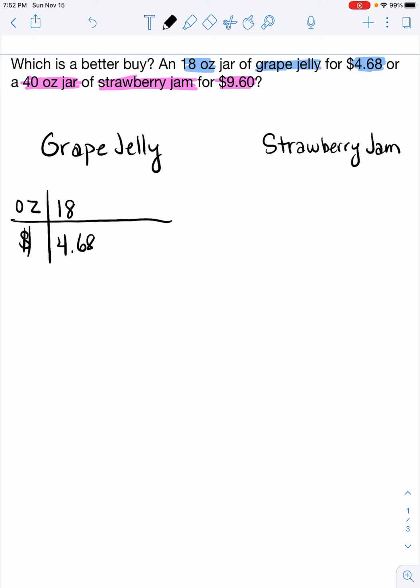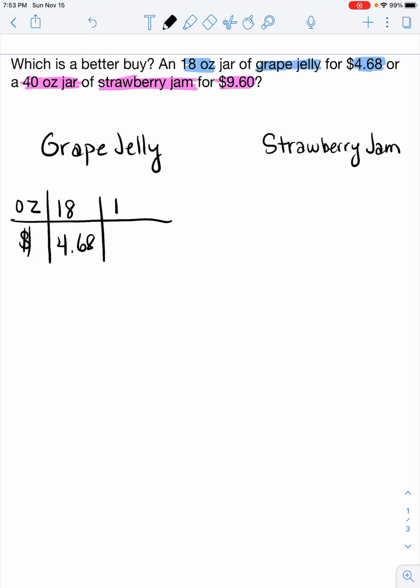Now, here's another reason that I like a ratio table, because in this ratio table, I have to go back to the problem, and if I say to myself, what do I want to know? I want to know how much 1 ounce costs, right? Because that's what I'm going to compare to the strawberry jam. I have to know what 1 ounce is. I don't want to know how much grape jelly I can buy for $1. So we have to know where to place that 1, okay?